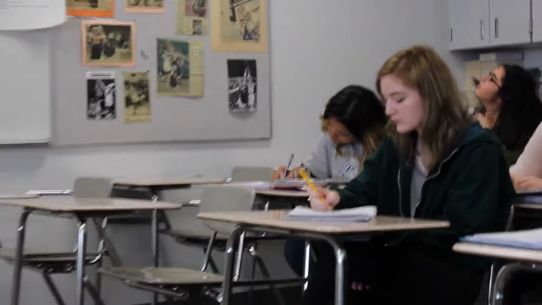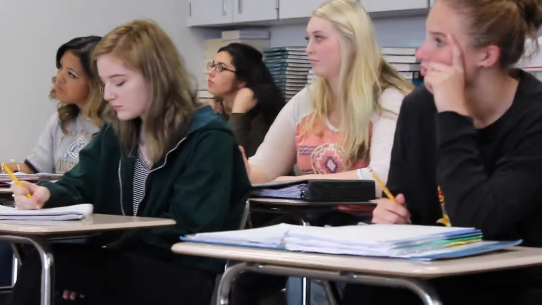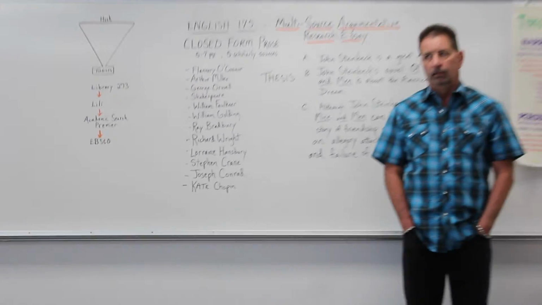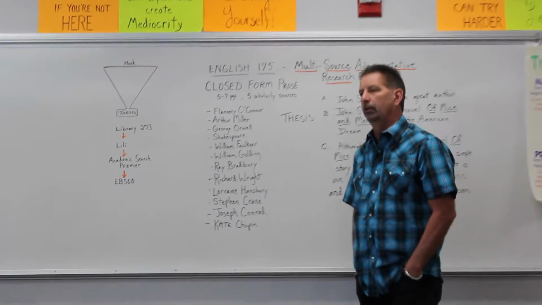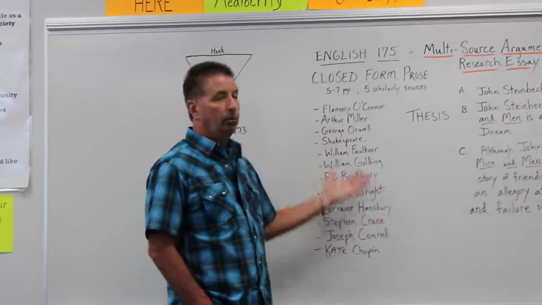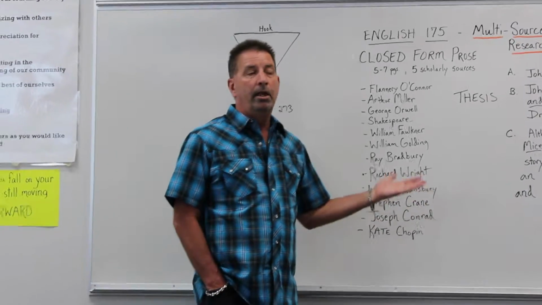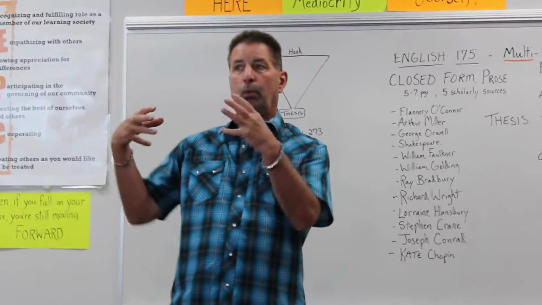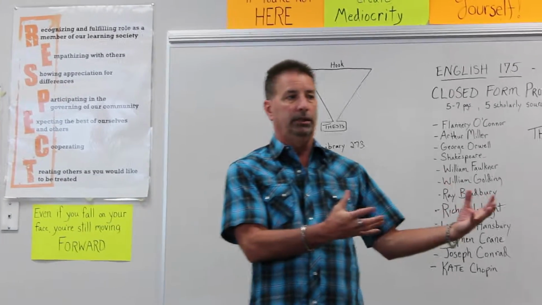Now, for the body of the paper, you need, like I said, 5 minimum scholarly sources. Keyword is scholarly. The purpose of this paper for 175 is not just to learn about an author in greater detail. The purpose is to learn how to differentiate between weak sources and scholarly sources.